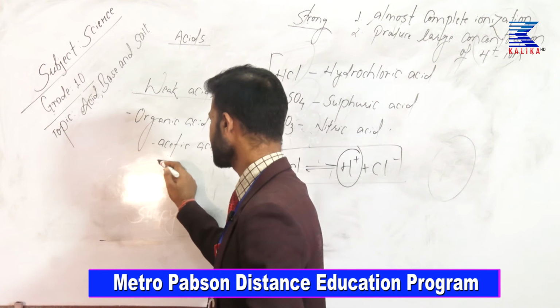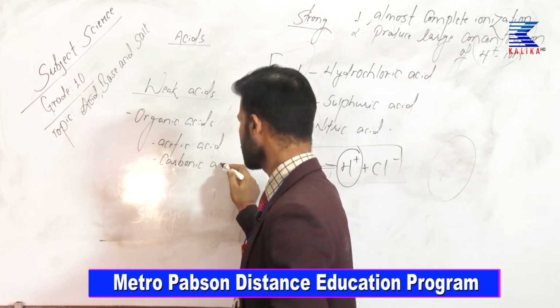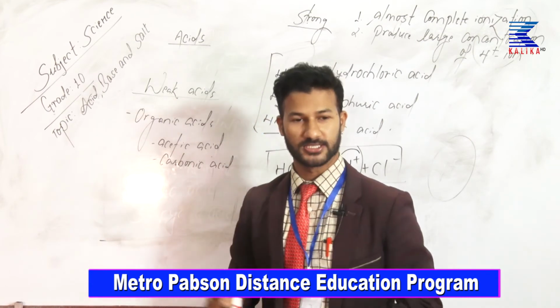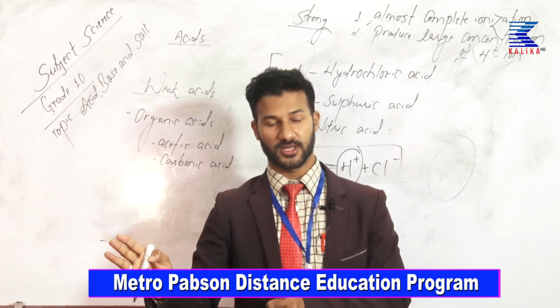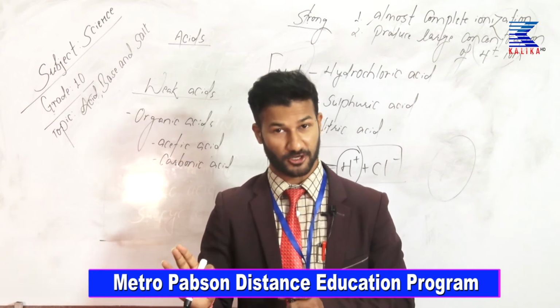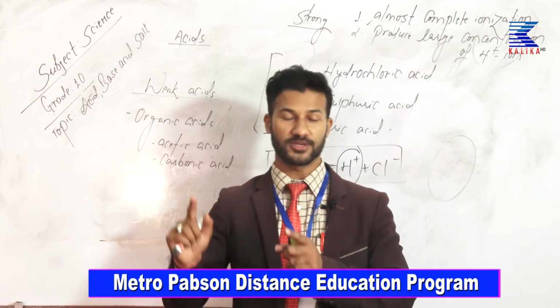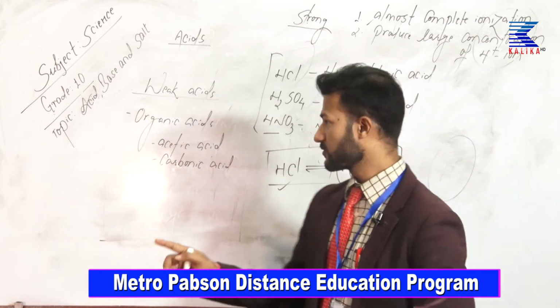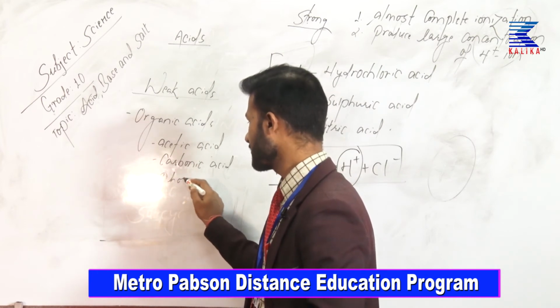Carbonic acid is also one of the weak acids. Likewise, though it is mineral, phosphoric acid is also one of the weak acids, though it is not organic. So I may write here phosphoric acid as H3PO4.